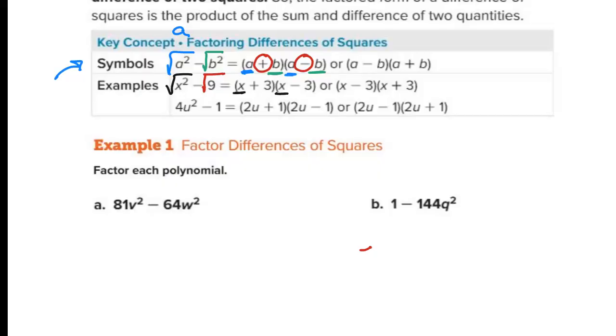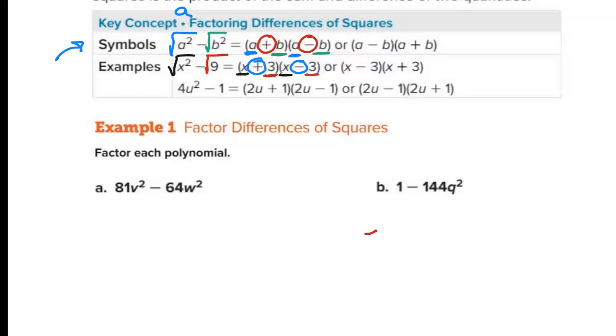What number times itself gives you 9? 3. And so you put that square root of 9 as 3 here. Put the plus sign here for the first factor and the minus sign here. Okay?